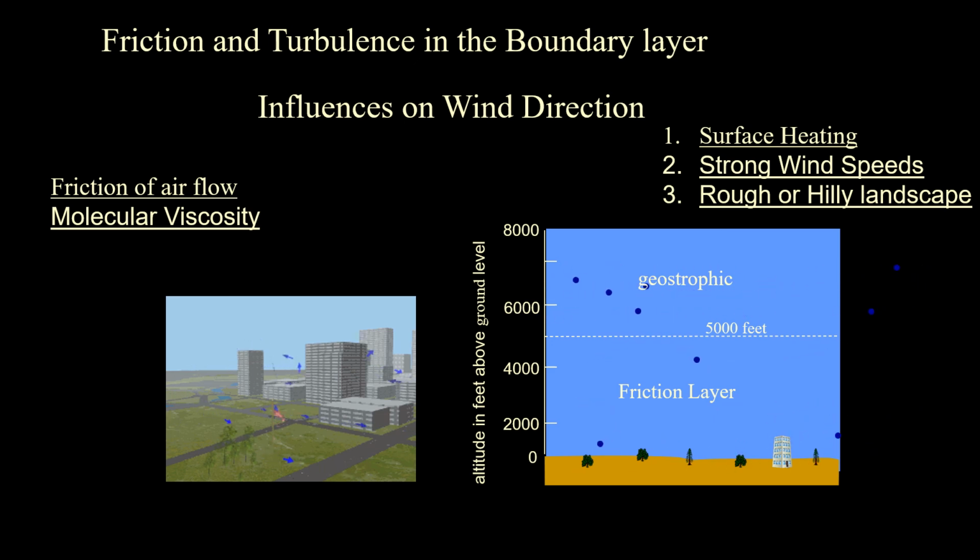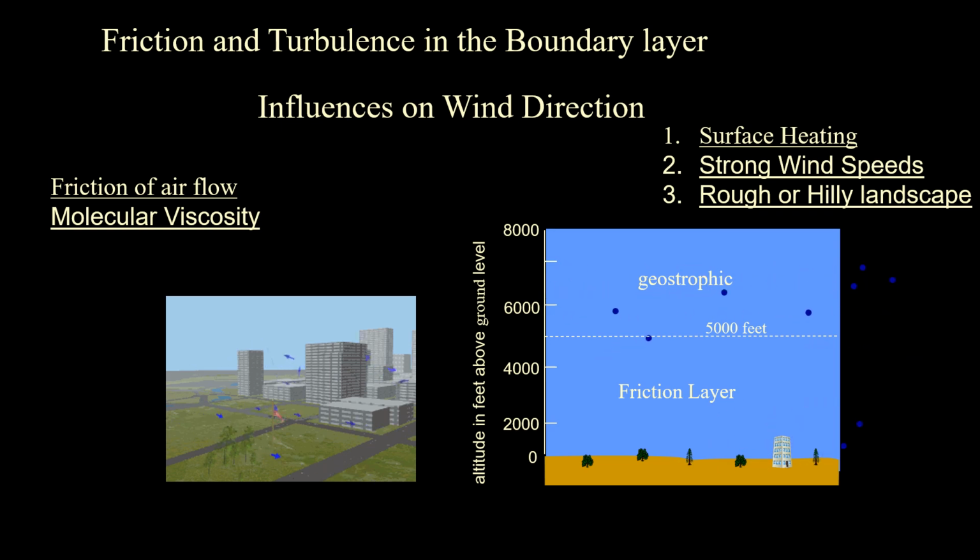The depth of the mixing, the frictional influence boundary layer, depends on three factors. Number one, surface heating. Surface heating produces a steep lapse rate and strong thermal turbulence. Number two is strong wind speed, producing strong mechanical turbulent motion.